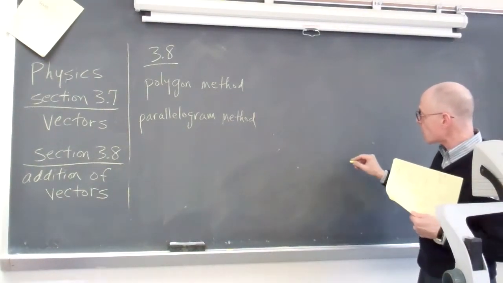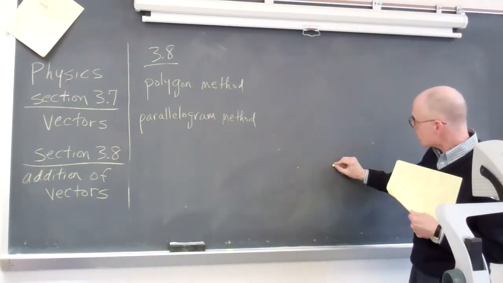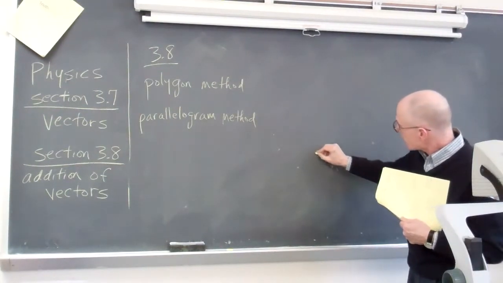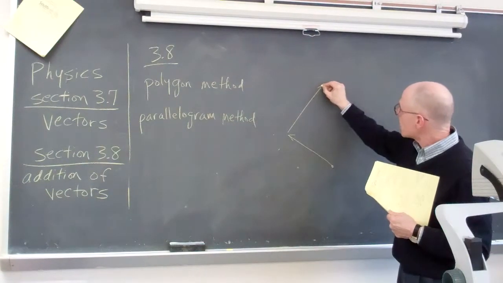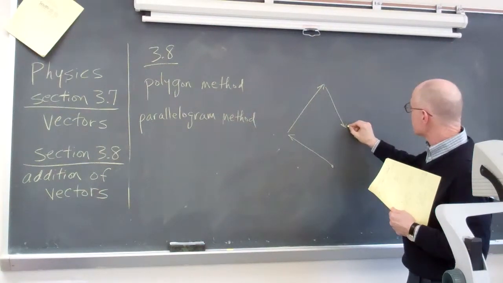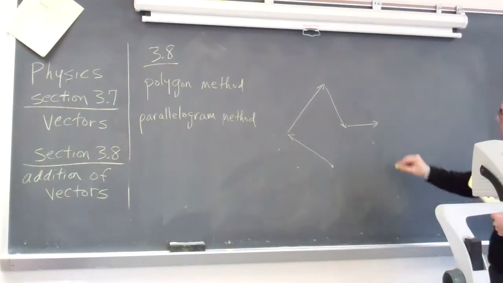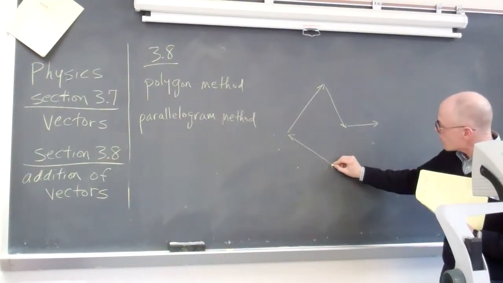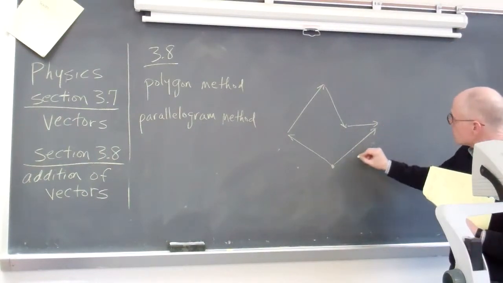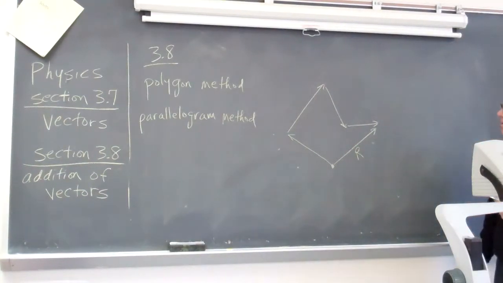So let's say you have a number of vectors you're adding together. Let's say you have this vector, and this vector, and this vector, and this vector. You've got 4 of them strung together, and then your resultant would be from your starting point to your ending point. I'll just abbreviate it R for resultant.